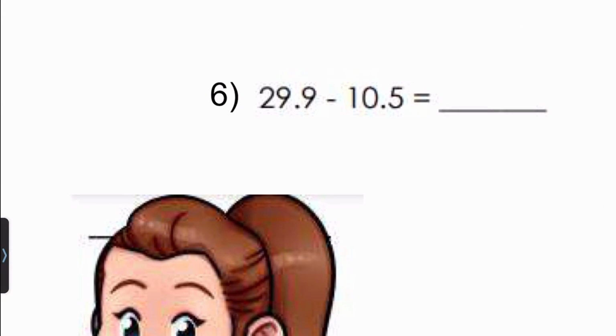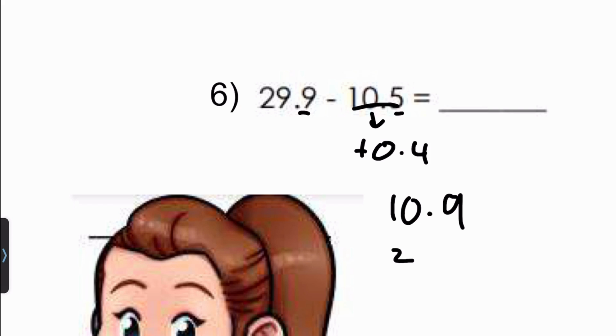So always be careful. Again, with this one, good way to look at it is you want to find something that will make the decimal points the same. So if you add 0.4 to this number, you're going to get 10.9. Now all you have to do is get from 10.9 to 29.9.